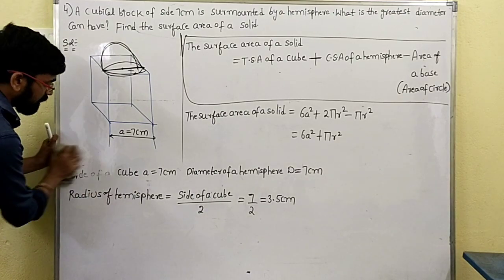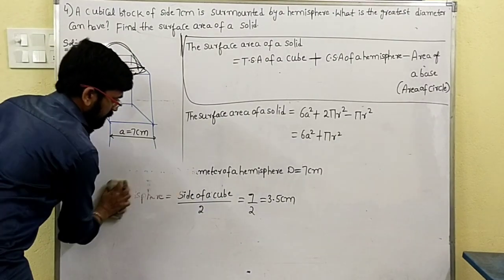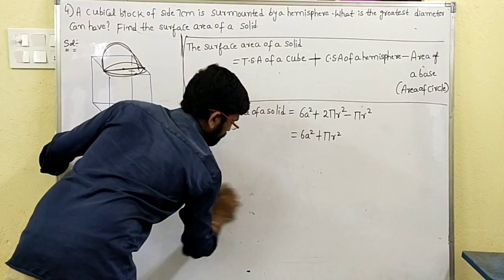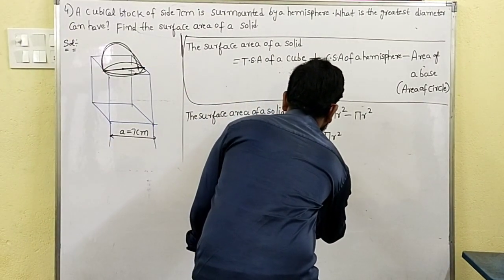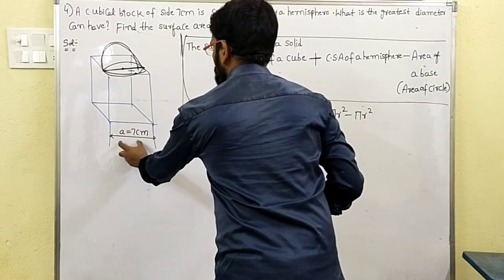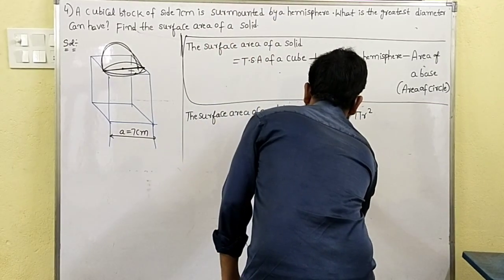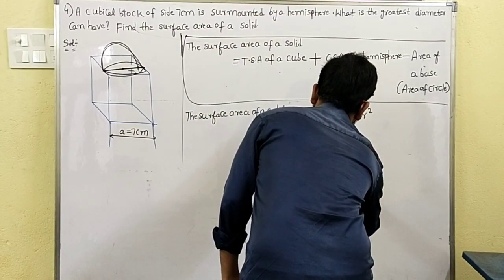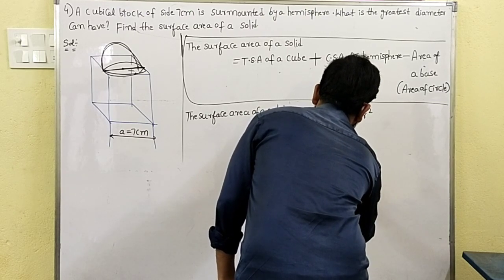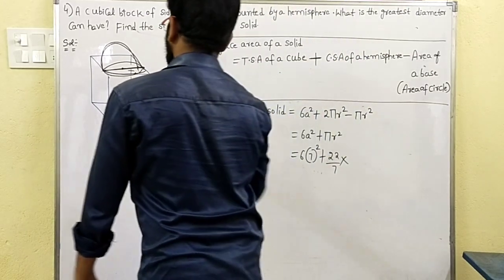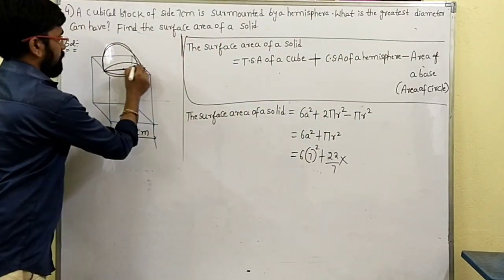If I compute this, we get 6 into a square, where a is 7, so 7 square, plus pi, which is 22 by 7, into the radius square.